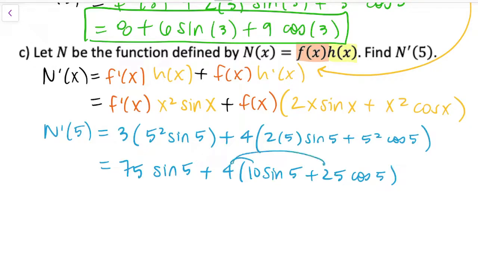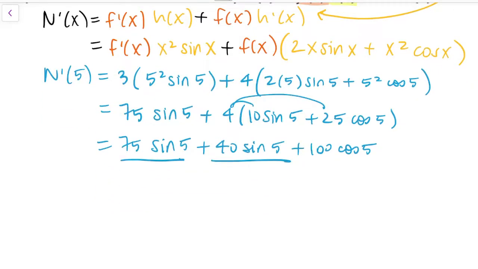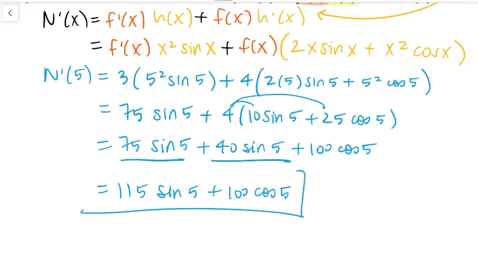And maybe we can distribute: 75 sine of 5 plus 40 sine 5 plus 100 cosine of 5. And then we see that we've got 75 sine 5 plus 40 sine 5, so altogether we can add those: 115 times the sine of 5 plus 100 times the cosine of 5. There's n prime of 5 for you.